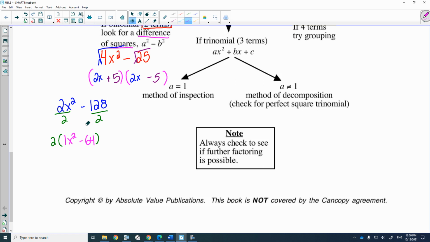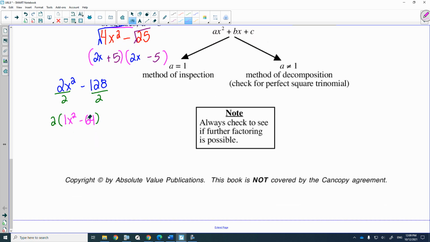You then look at your bracket and you say, can I factor this bracket? And this bracket would then be a difference of squares, right? You could take the square root of 1x squared, and you could take the square root of 64. So a lot of you did this correctly on the test. You set up your two brackets, and you said, okay, the square root of 1x squared is 1x.